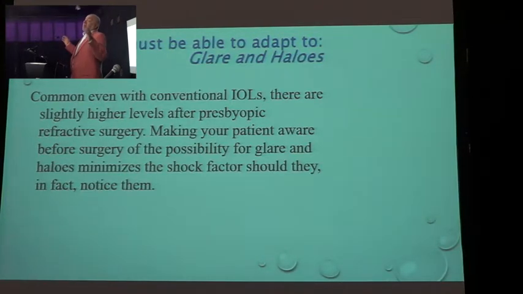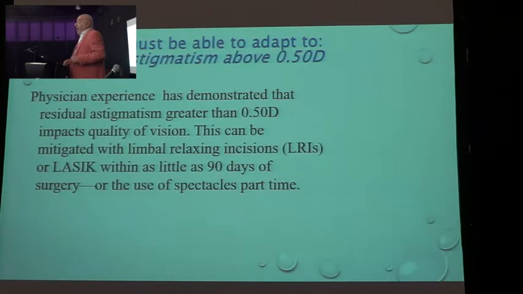This is the biggest problem we have, whether you do refractive surgery for presbyopia, or implant a multifocal or trifocal lens, or what have you. They have to be able to adapt to glare and halos. Astigmatism, another fact for you. Now, watch out, because even a little bit more than half a diopter of astigmatism will certainly decrease the vision outcome and the vision quality of that patient.